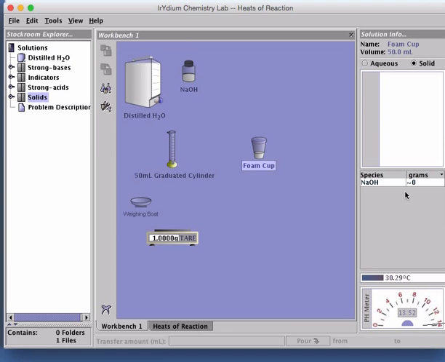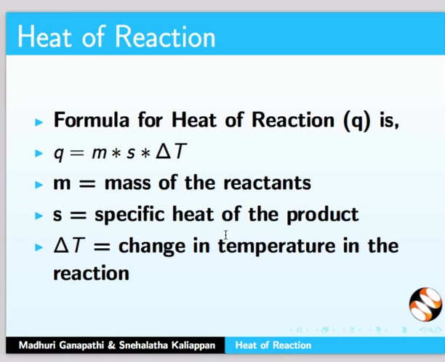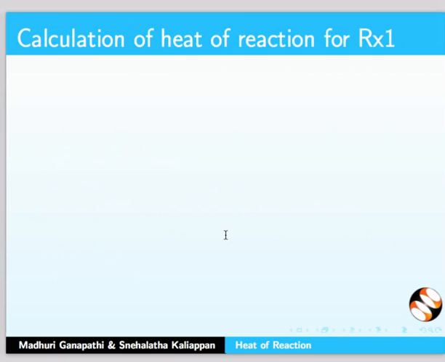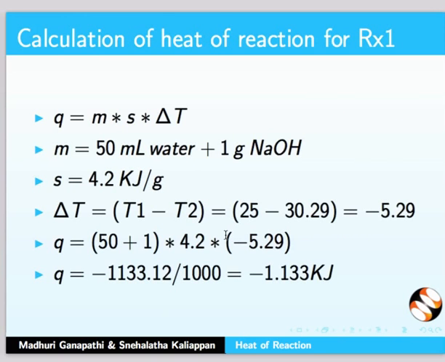Let us see how to calculate heat of reaction. Heat of reaction is calculated using the formula Q is equal to Ms delta T, wherein M is mass of the reactants, S is specific heat of the product, and delta T is the change in temperature in the reaction. Heat energy calculation for this reaction is given here.